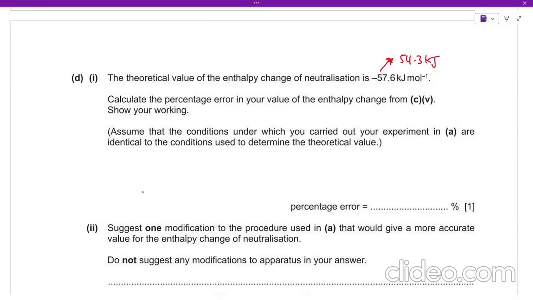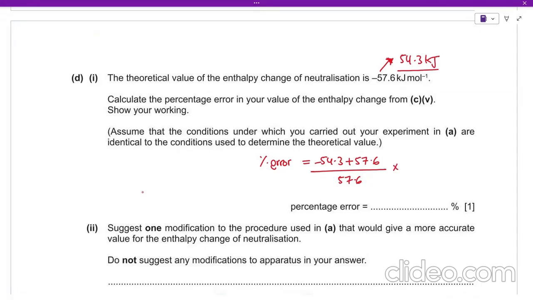So how do you calculate this error? I'll be taking this value. Okay, so it will be 54.3. It will be subtracted from 57.6 and then divided by 57.6 kilojoule. We do not need to include the 1000 in the 10 power 3 for the kilo because we are just dividing by the same units.